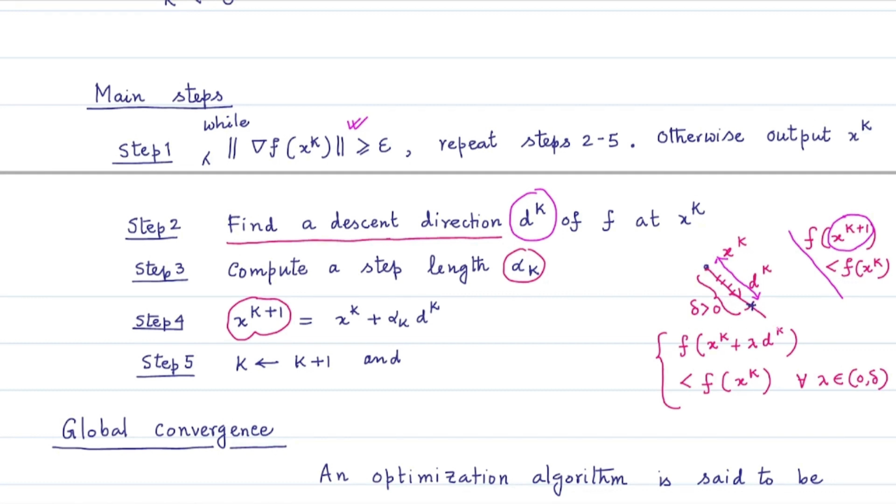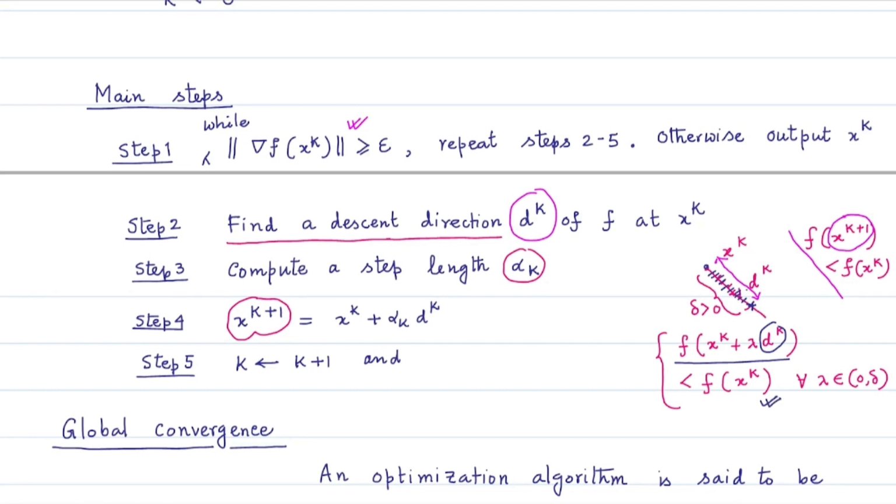Now when the direction dk is a descent direction, we notice that we have several points within this step length delta at which the function value is less than that at the point xk.